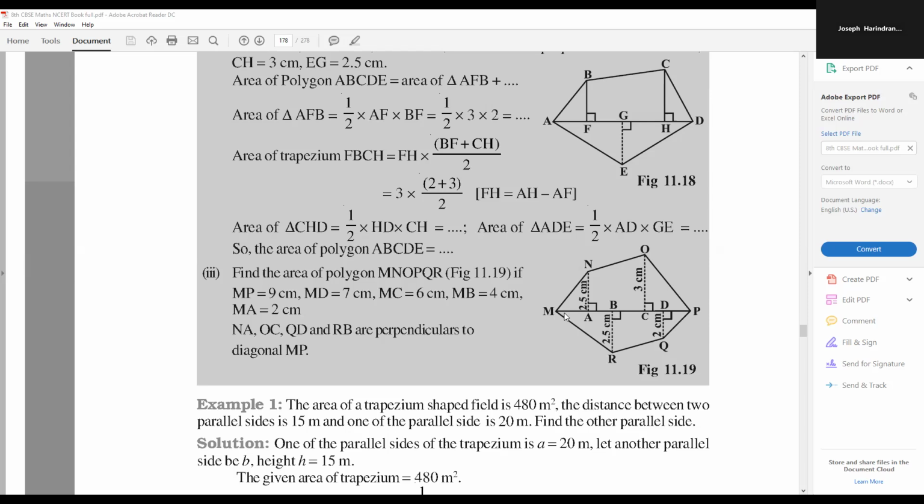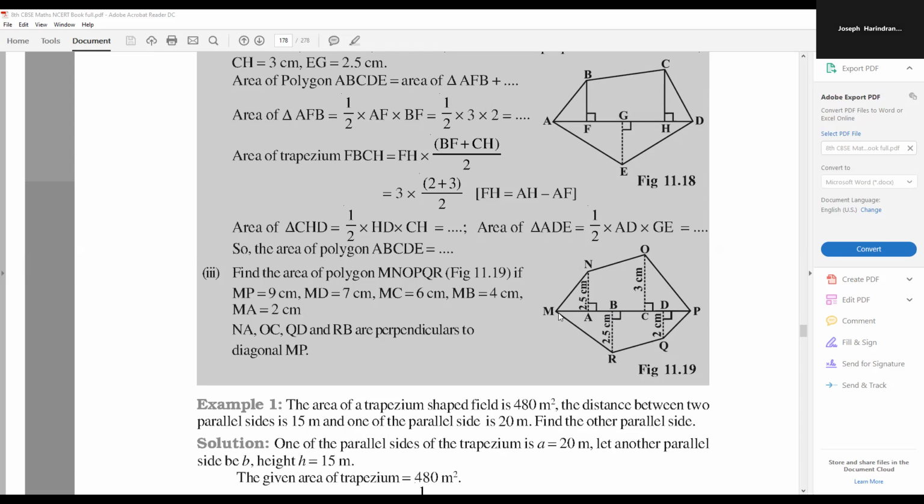We know the entire length MP, 9 centimeter. We know MD also. We know MC. See, actually BD is nothing but MP minus the sum of MB and DP. We know MB. MB is already given, 4 centimeter.